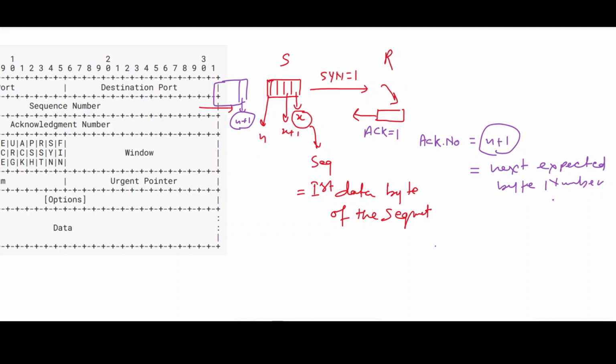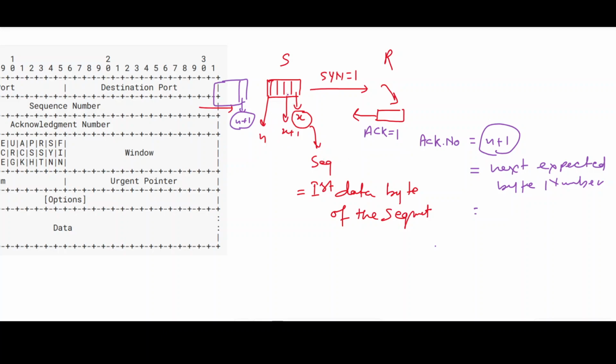Now can we give another definition? Yes. You will say the same things in a different manner, because this is not very tough or critical, it is simple mathematics. We can say it contains the sequence number of the data byte that the receiver expects to receive next from the sender.